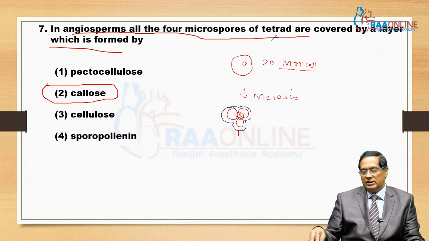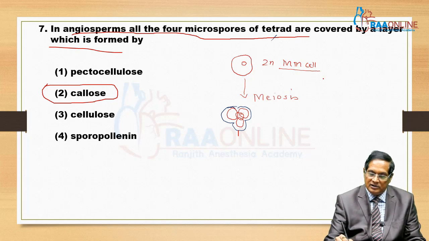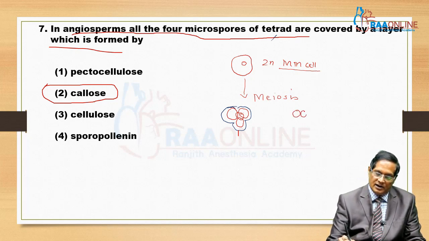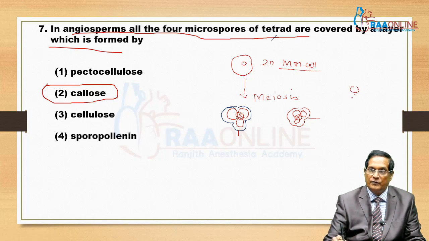So, initially 4 microspores derived from the microspore mother cell by meiosis are in a group known as a tetrad, and the tetrad is also of different types. If 3 are in one plane and one is above, it is a tetrahedral tetrad. If all 4 are in one line, it is a linear tetrad.